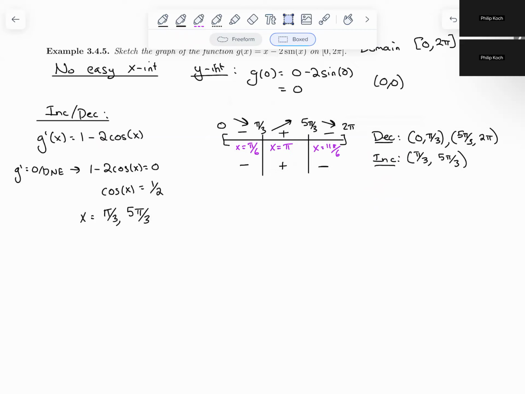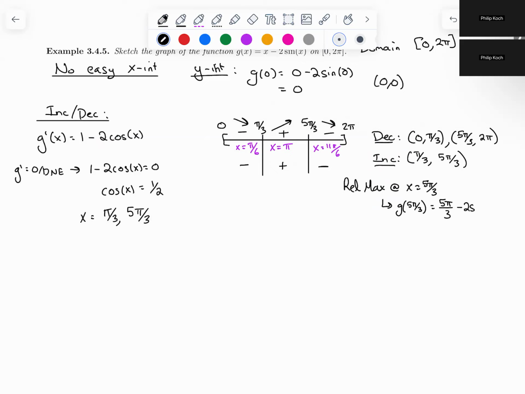And then there's going to be a relative max at x equals 5 pi over 3. And g of 5 pi over 3 would be 5 pi over 3 minus 2 sine of 5 pi over 3, which, I'm going to need my calculator because that's not going to be a nice number. 5 pi over 3 is not a nice number, so it'll be very hard to figure out how to plot that.